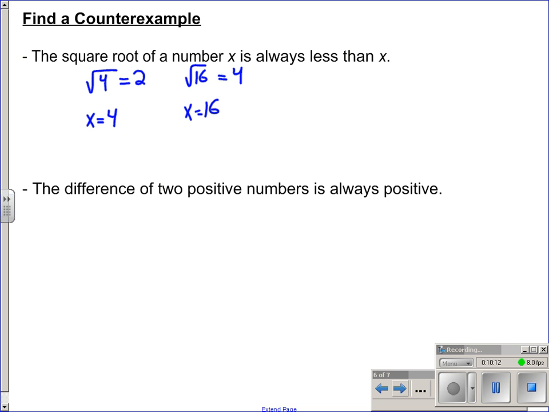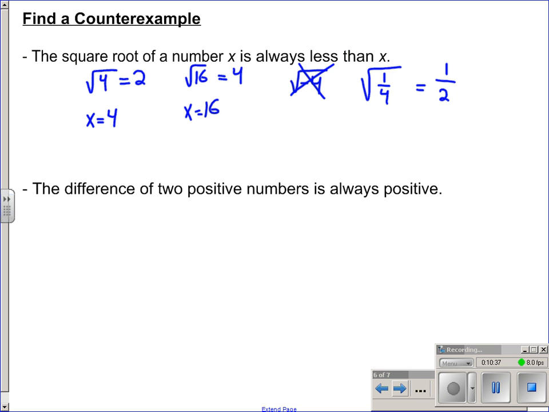So we looked at some normal numbers. What if we go the other direction? Can you take the square root of a negative number? I hope all of you are saying no in your head. So let's look at fractions. Square root of 1/4. You take the square root of a fraction, you take the square root of the top and the square root of the bottom.